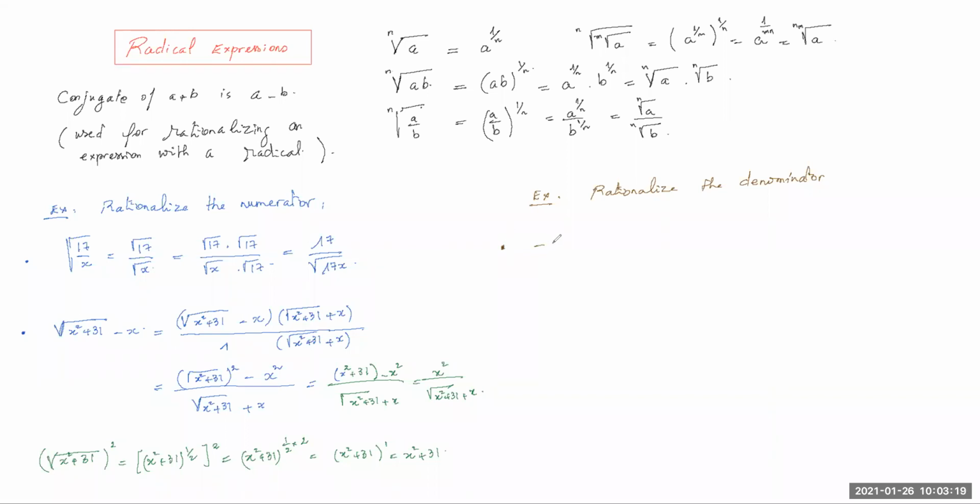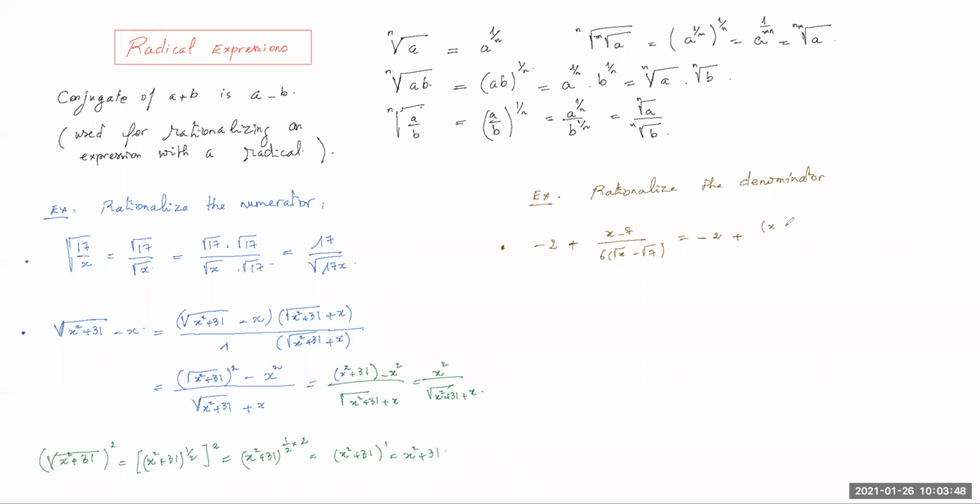For example, minus 2 plus x minus 7 over 6 times the square root of x minus the square root of 7. So we will proceed as we did in this second example. We have a radical here in the denominator. We want to eliminate it. So we keep this constant for a moment.